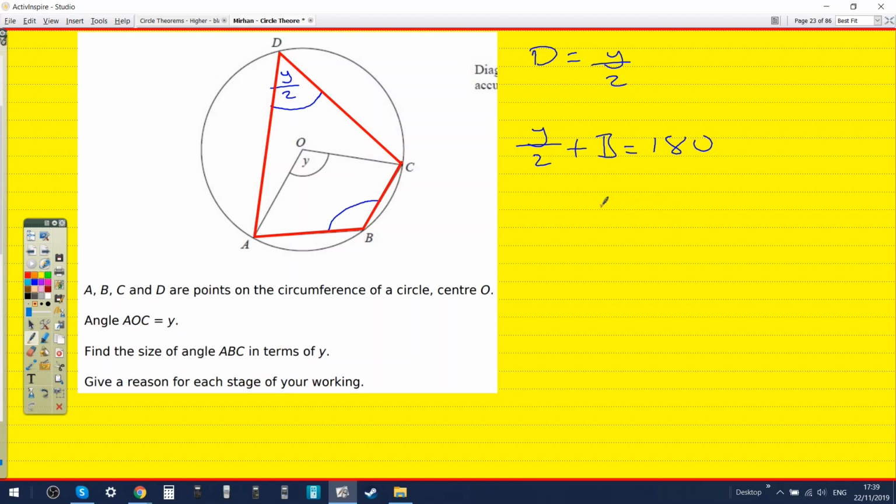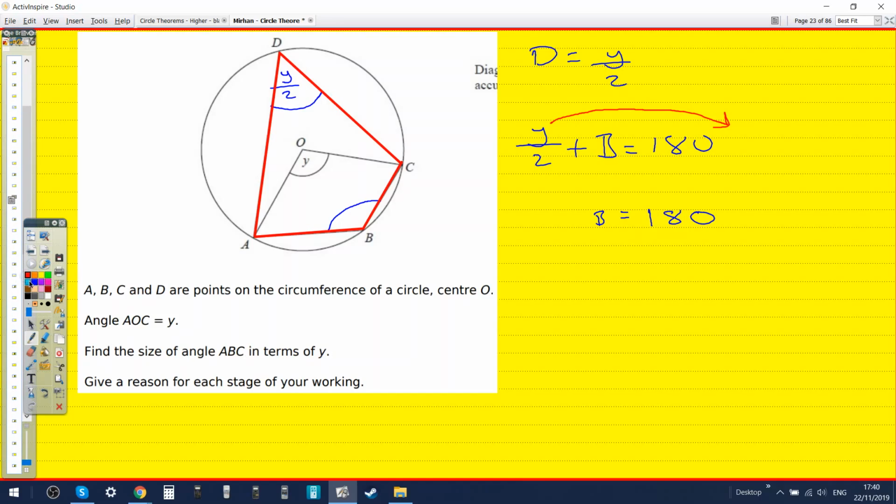And so we want B. We want Y or B, so just B. Okay. So 180 times 2 minus Y. Well, then you'd have to divide it by 2, because I would just move it over. Okay. So this is Y over 2 plus B, or minus Y over 2.